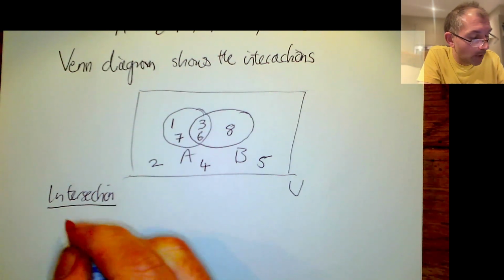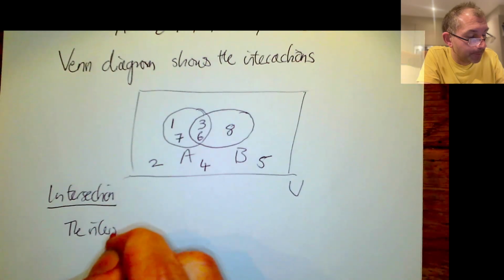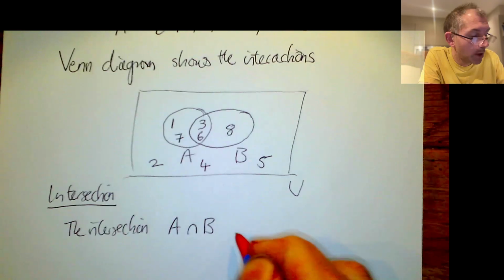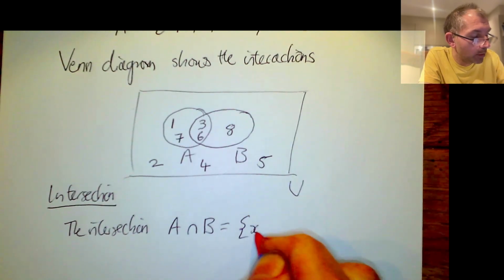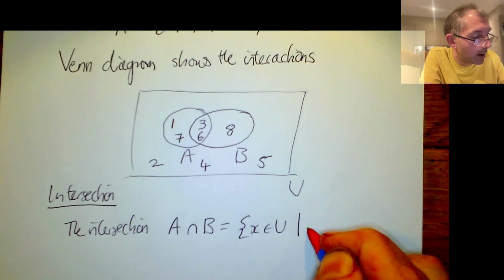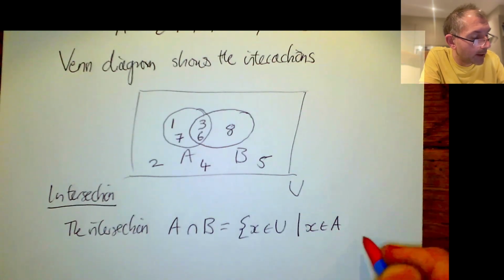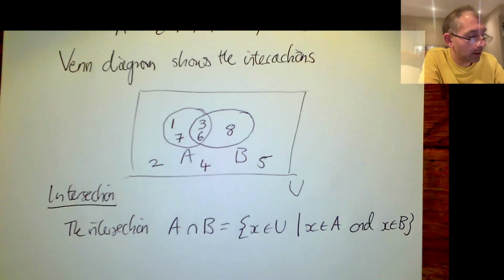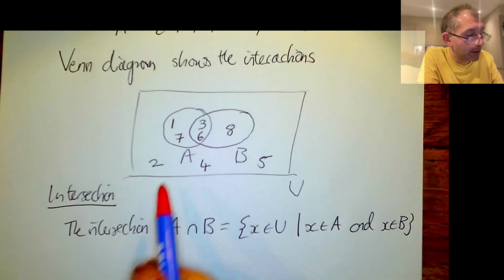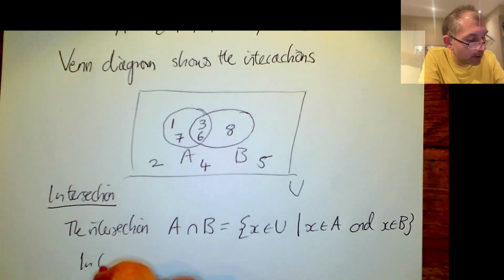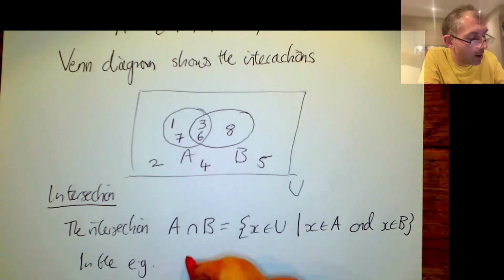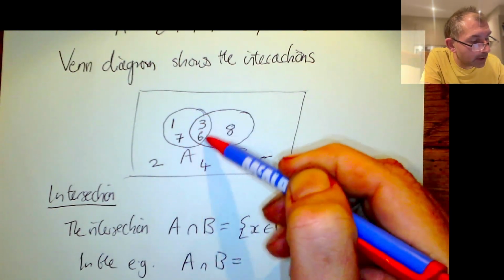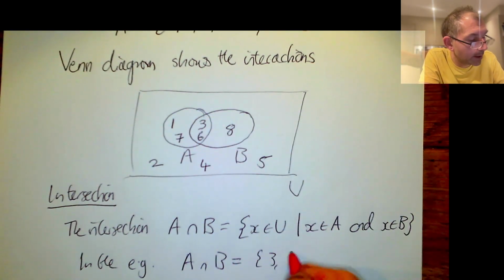So the intersection A cap B is just the set of all the elements in the universal set that have the property that they are in A and they are in B. So they have to be in both of them. So in our example, A cap B is equal to this nice overlapping bit that we have here. It's just 3 and 6.